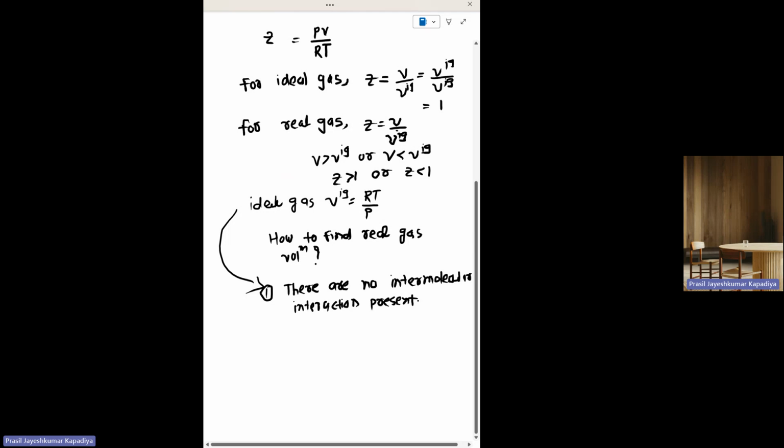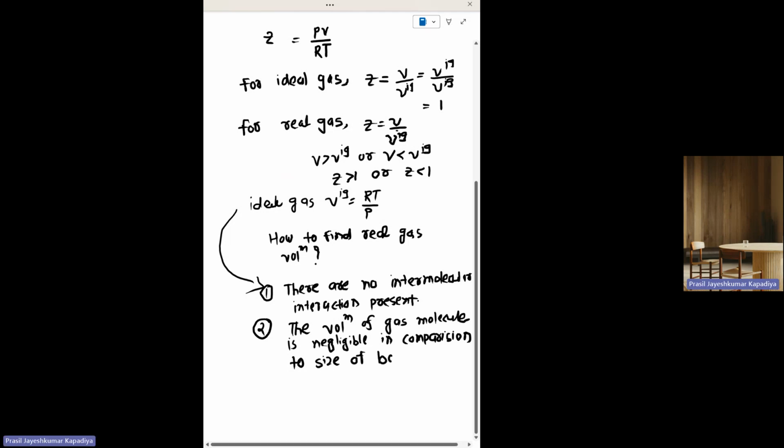And the second condition is that the volume of one single gas molecule is negligible in comparison to the size of the box.